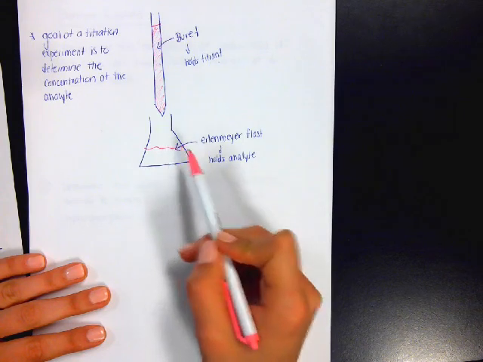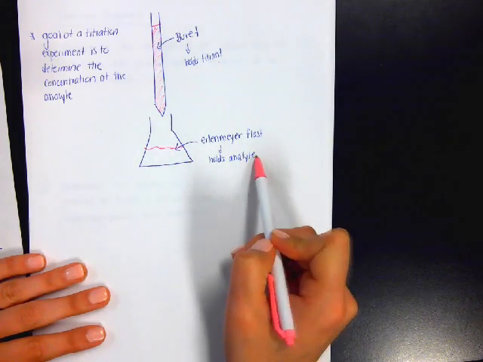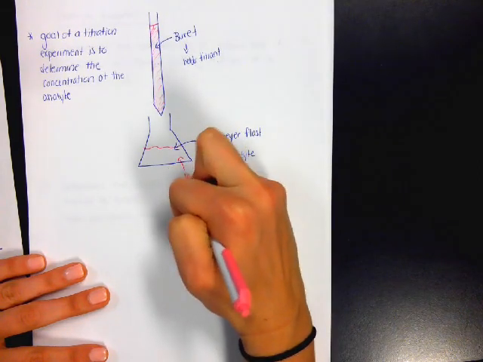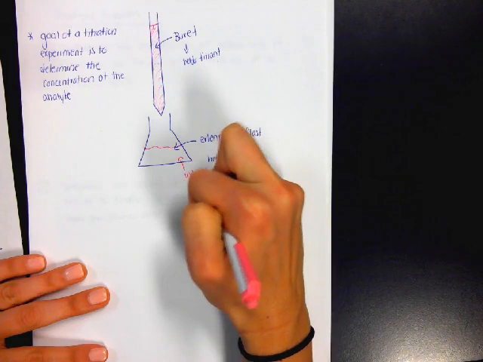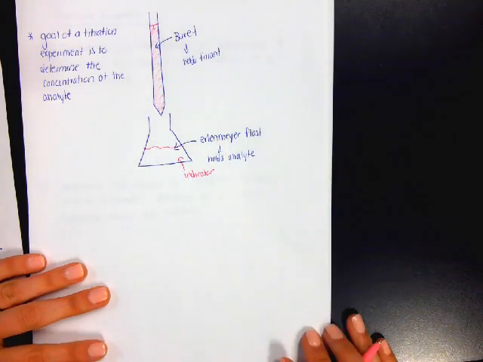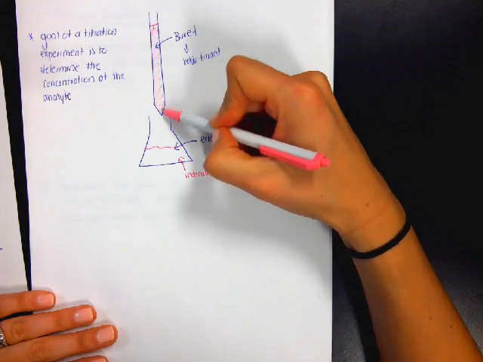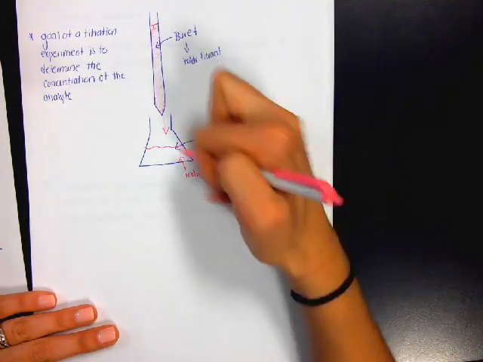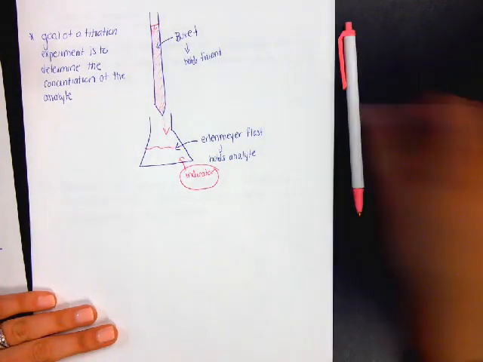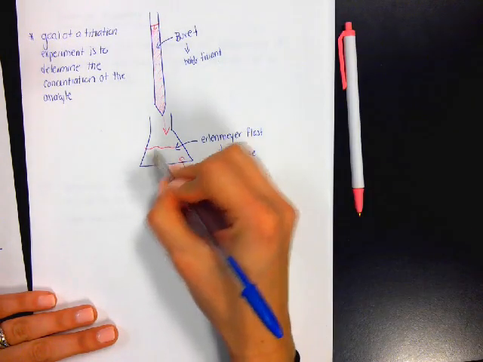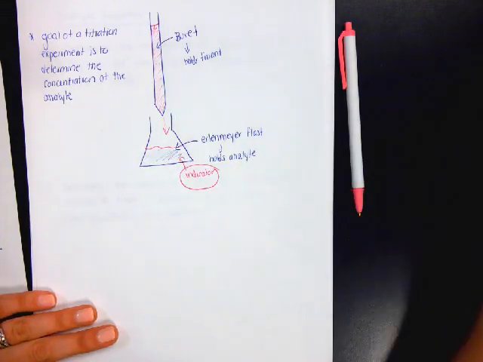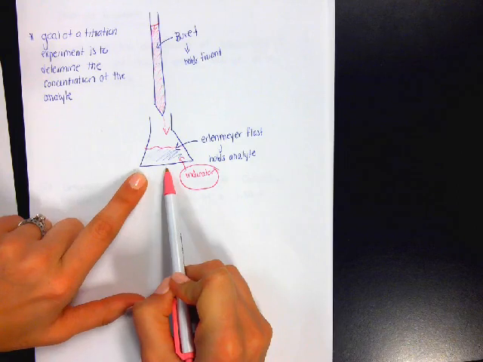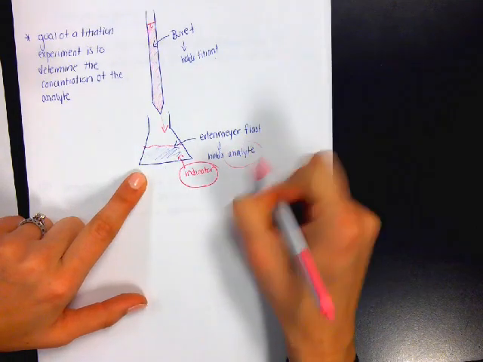You're going to know what it is, but you won't know the concentration of it. So it has the analyte. And in here, you're also going to put some sort of indicator so you will know when your equivalence point has been reached. So basically, we continuously add titrant into our analyte until our indicator has changed colors. So then we went from clear to blue, and that's when we have reached the end of our titration, and then we can use an equation to figure out the concentration of our analyte.